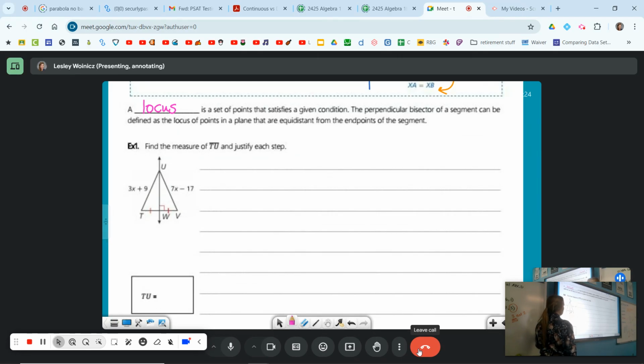All right, we have to find the measure of TU and justify our steps. Let's start with some givens. What do we know? TW is congruent to WV. What else?